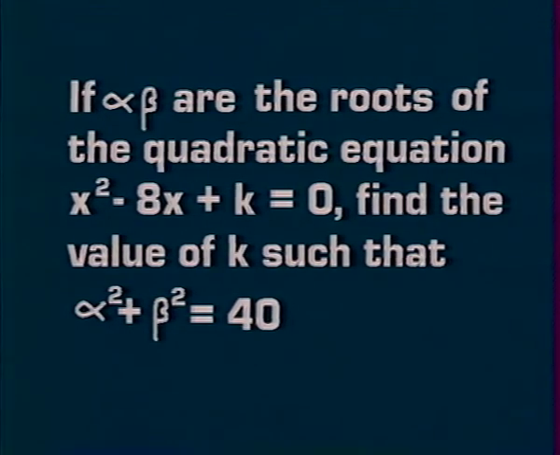Next question: if alpha and beta are the roots of the quadratic equation x square minus 8x plus k equal to 0, find the value of k such that alpha square plus beta square is equal to 40.